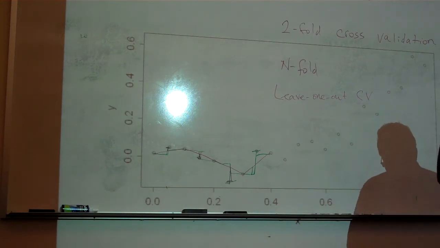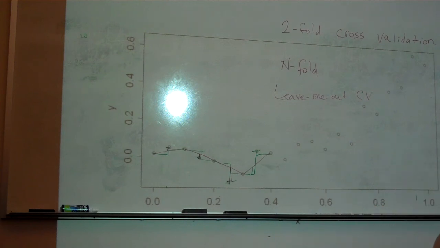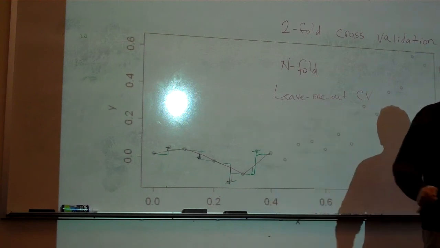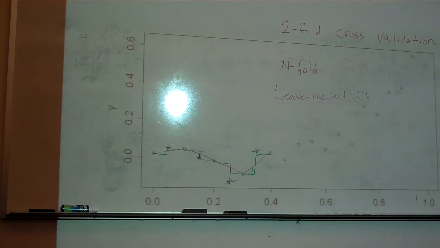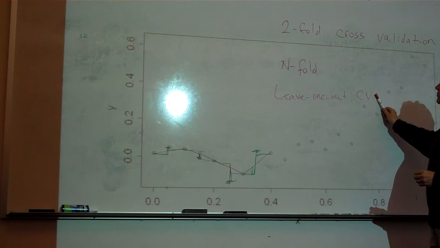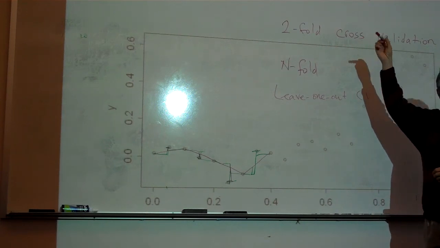If we had 100,000 data points and it took the computer 10 seconds to do the fit, right, then you want to use a much smaller value of n. So that's the trade-off. This is most informative. This is cheapest.